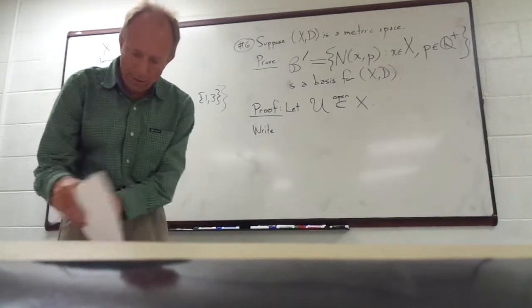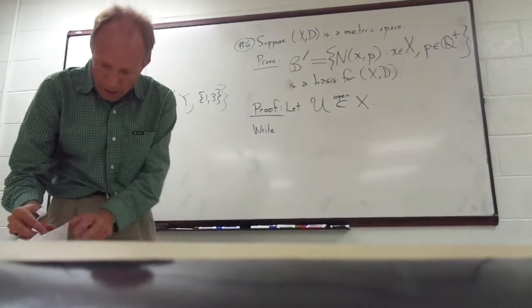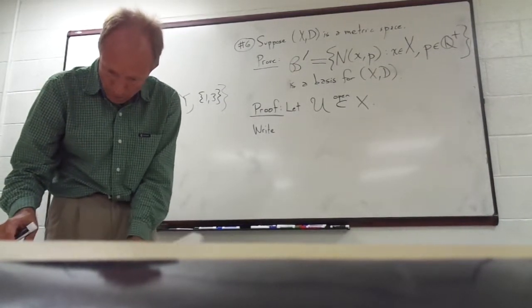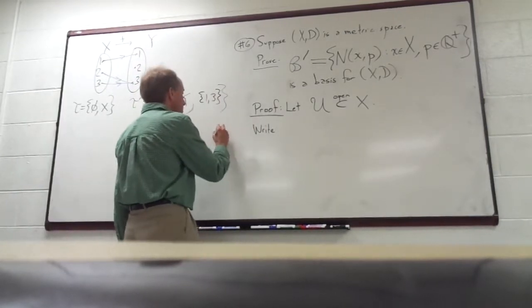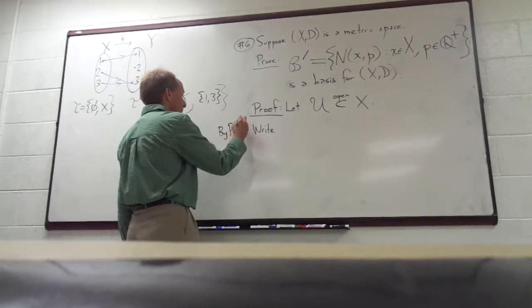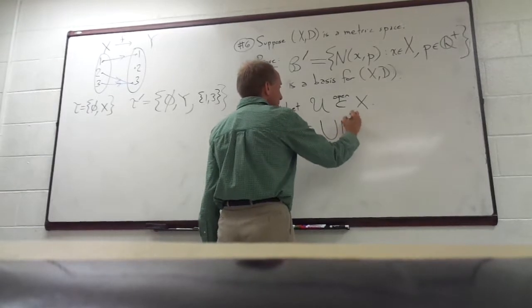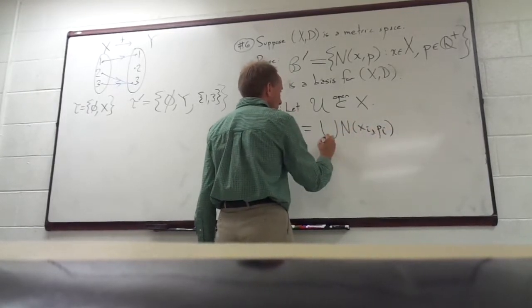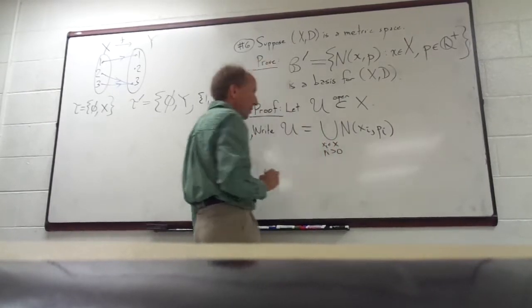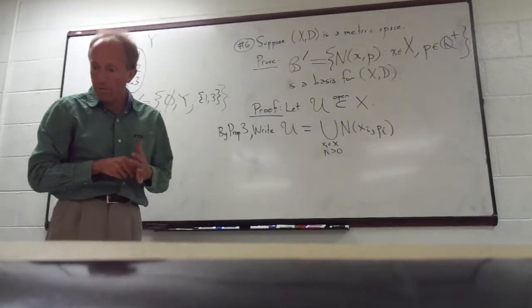By proposition 3, you can write U as a union of a bunch of neighborhoods, say B(x_i, p_i), where x_i is in X and p_i is greater than 0.